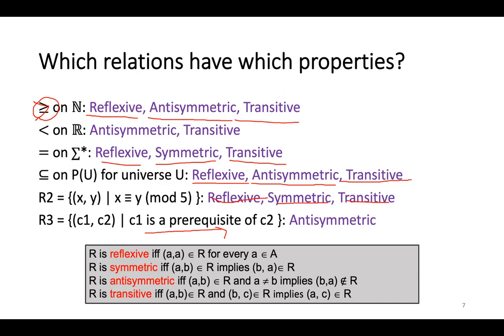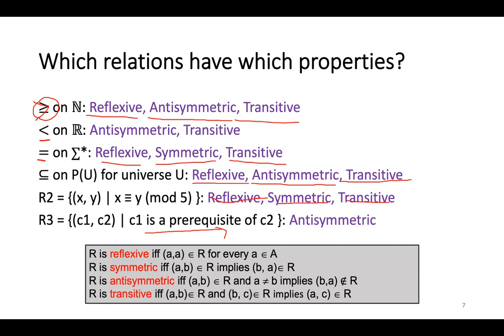But it is transitive because if you have 1, 2, 3: 2 is greater than 1, 3 is greater than 2, and 3 is greater than 1 as well. The other things are similar, but this one doesn't have reflexive because it doesn't have an equal sign. Equal is reflexive, definitely. That's why it is symmetric and transitive.